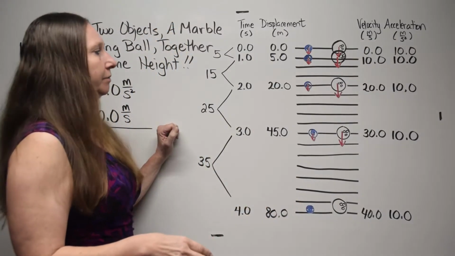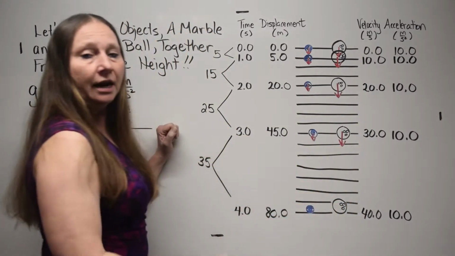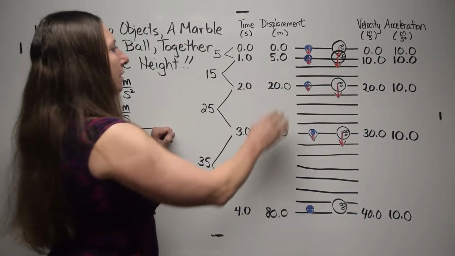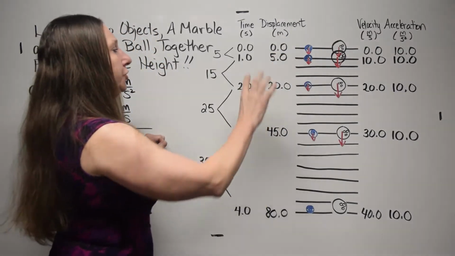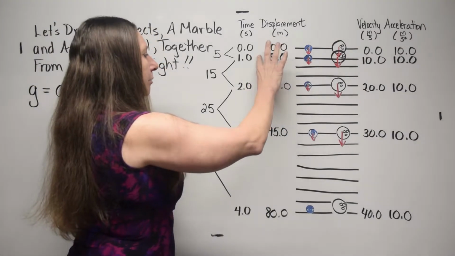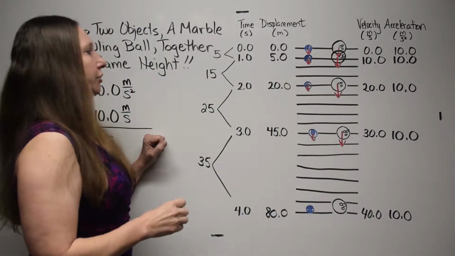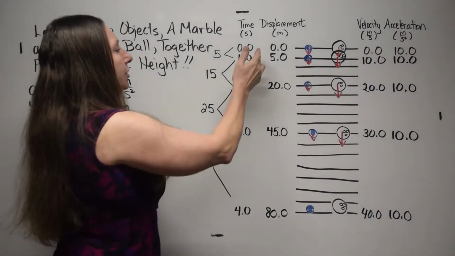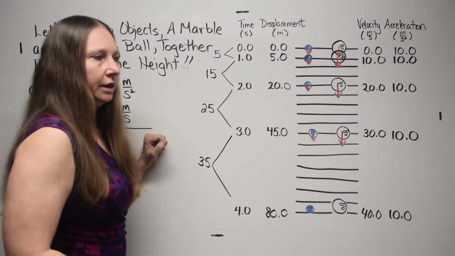The acceleration is constant. The velocity gets faster and faster as it's going down. The displacement gets larger and larger, but also the interval between the same 1 second of time gets larger and larger. And we see the time going by, 1 second, 2 seconds, 3 seconds, 4 seconds.